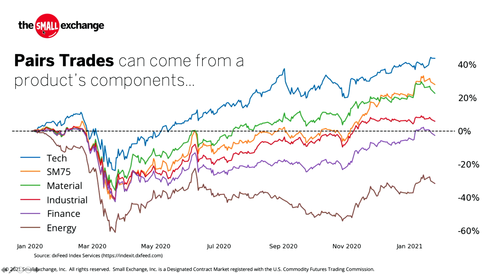And also, I've in the past gone as far as not only diving into a sector of an equity index future, but diving into a single component of that sector. I could make a trade here out of SM75 versus the Apple stock that makes up a portion of the tech sector of SM75.